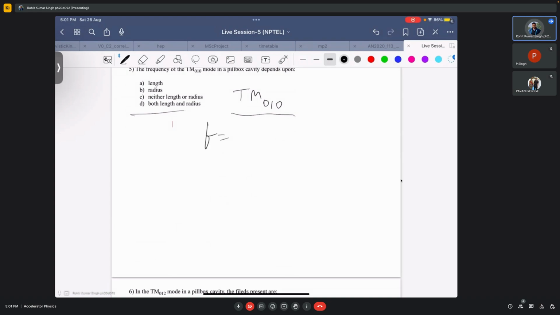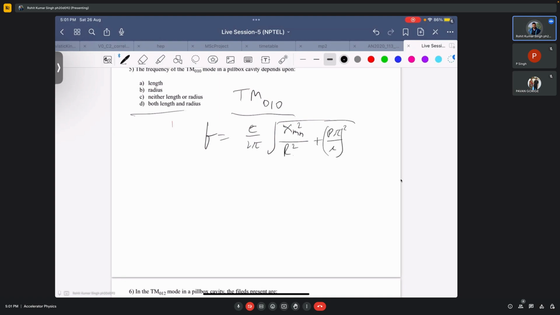As I was saying, the frequency of the TM mode is given like this. c is the speed of light, speed of electromagnetic wave, and there is a quantity called xmn, and then this is the radius of the cavity, and you have the p dependence like this.